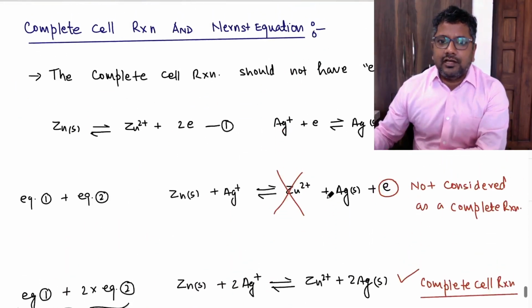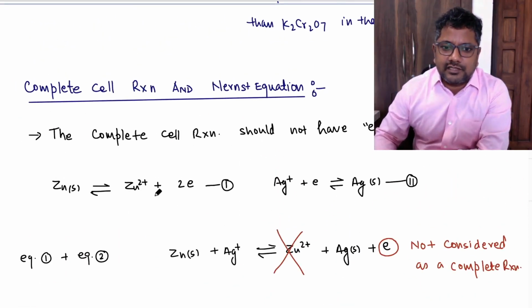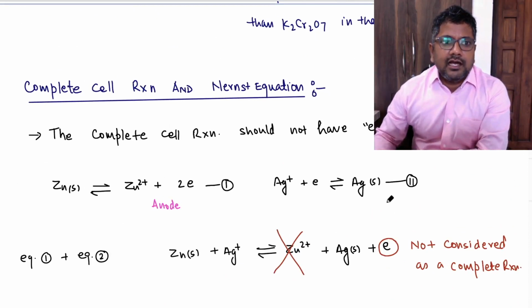Which one is the anode here and which one is the cathode? See, this is the anode because oxidation is taking place here, and this is the cathode because reduction is taking place here.